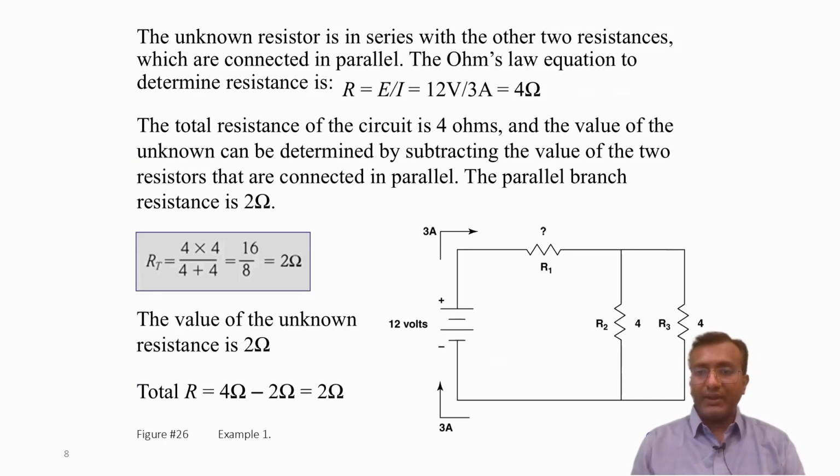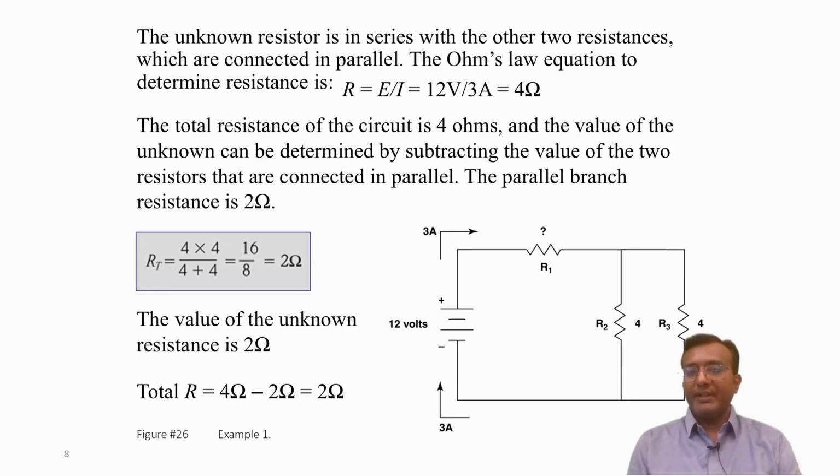We have the values of R2 and R3, and R2 and R3 are connected in parallel with each other. We have to find out the equivalent circuit and the value of R1. So we can go step by step. First of all, we will find the equivalent resistance by using Ohm's law. Here we know the value of voltage and current.